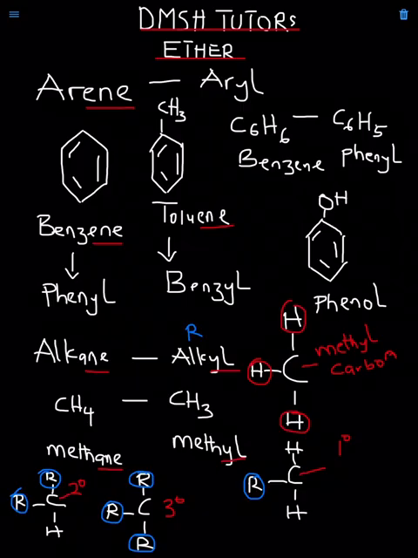Do you get that? Secondary carbons are less substituted compared to tertiary carbons, and then compared to primary carbons, and then compared to methyl carbons. In methyl carbons, there is no substitution, there is no alkyl group. So primary carbon is less substituted, you get that.